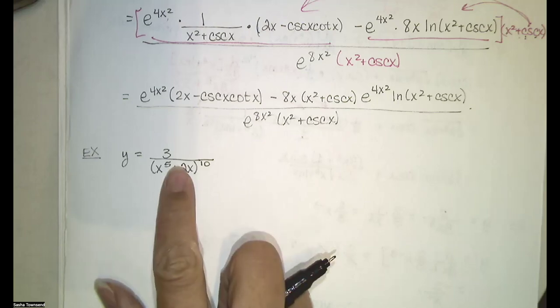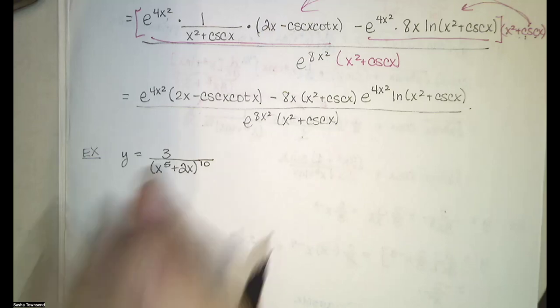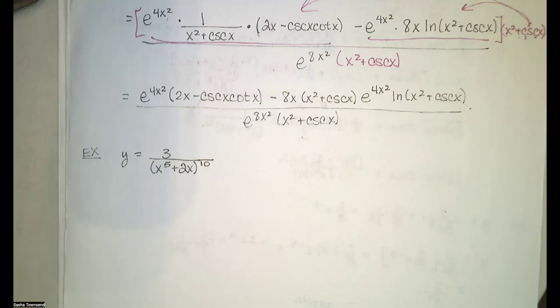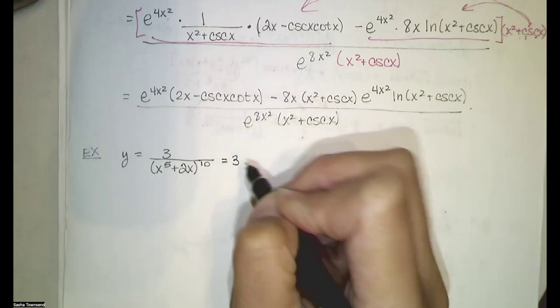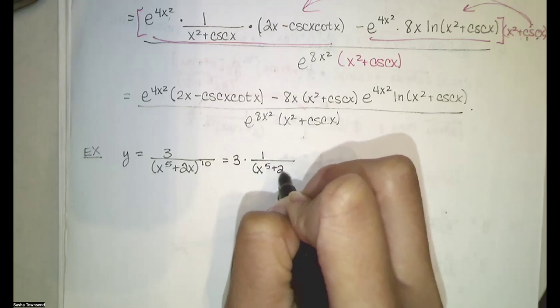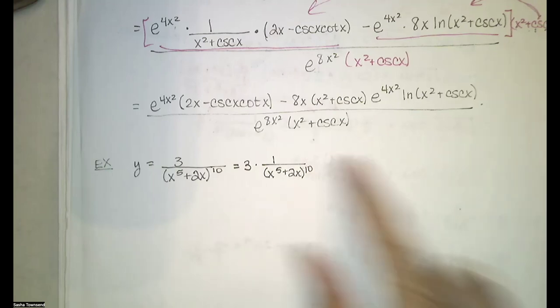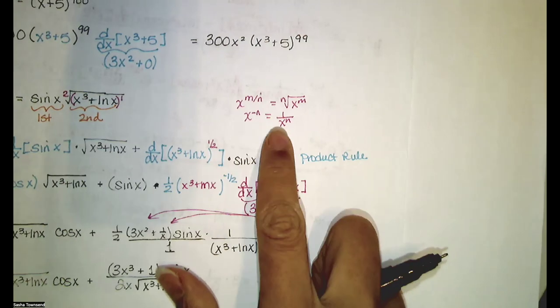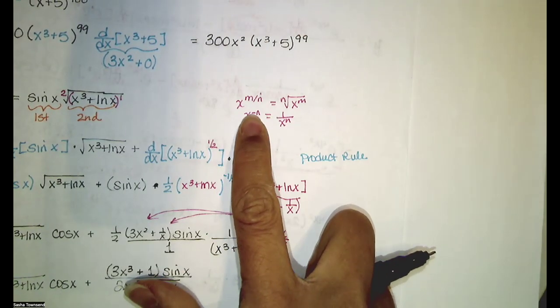Okay, well, I could use the quotient rule here, but I've got a constant in the numerator. Since I have a constant in the numerator, it's simpler if I just factor out that constant and then think of this as 1 over that expression in the denominator. And then we can rewrite this with a negative exponent, because 1 over some quantity raised to a power is that quantity raised to the negative version of that power.